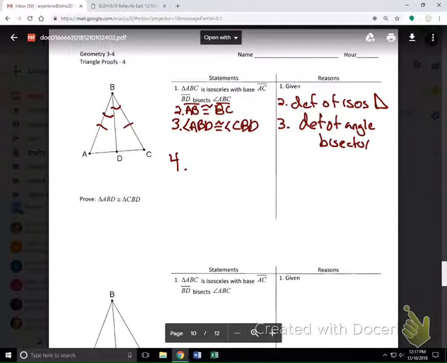The last thing on that page we wrote out said, if you have a shared side, we get to use the reflexive property. So BD is congruent to BD based on reflexive.